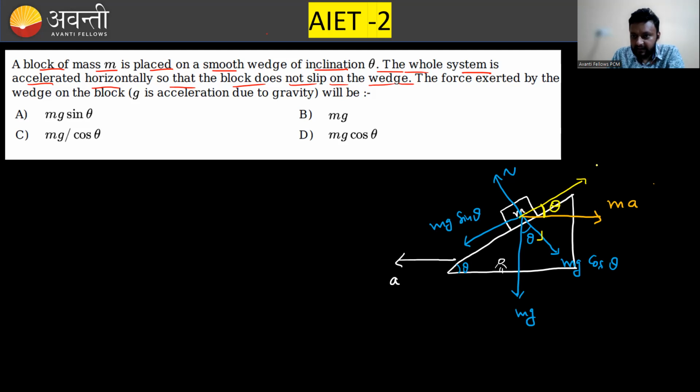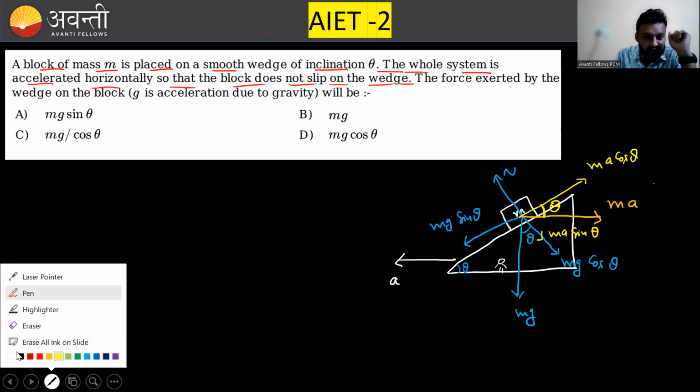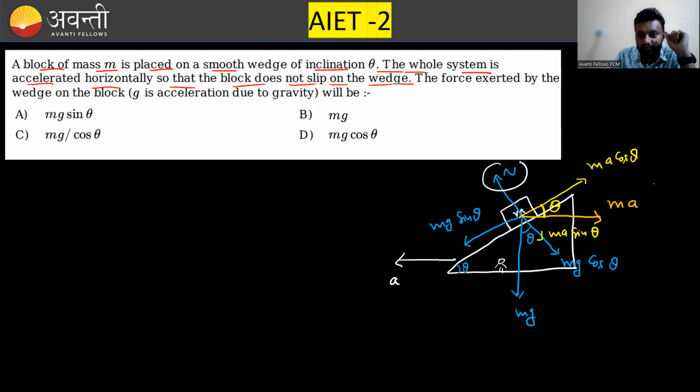This is ma cos theta, and this is ma sin theta. Now we have done the components, and you can balance the forces. What is the question? The force exerted by the wedge on the block, which is nothing but the normal reaction. We need to calculate this normal reaction. Now in the y direction, what will be the equation? N will be equal to ma sin theta plus mg cos theta.